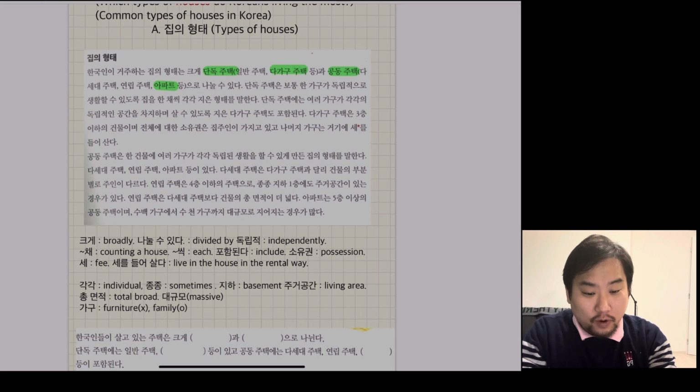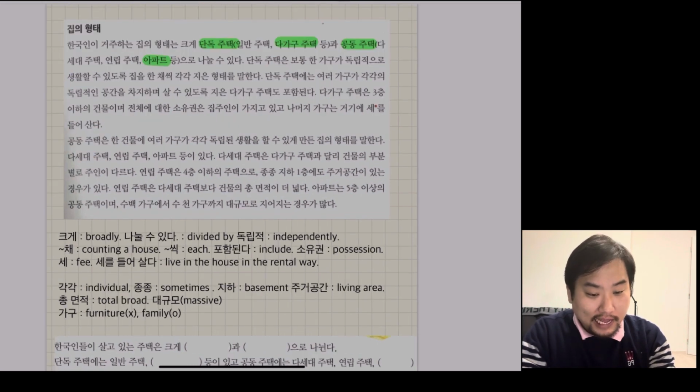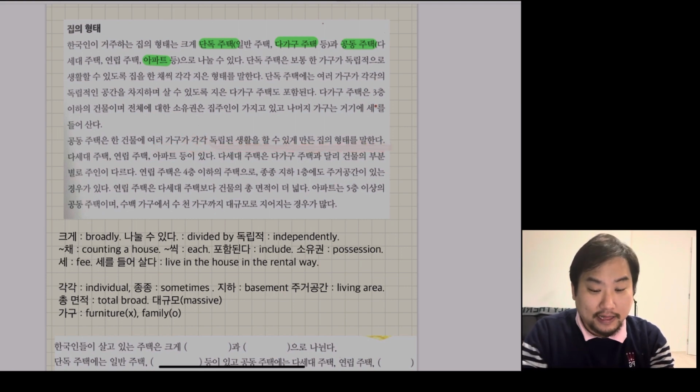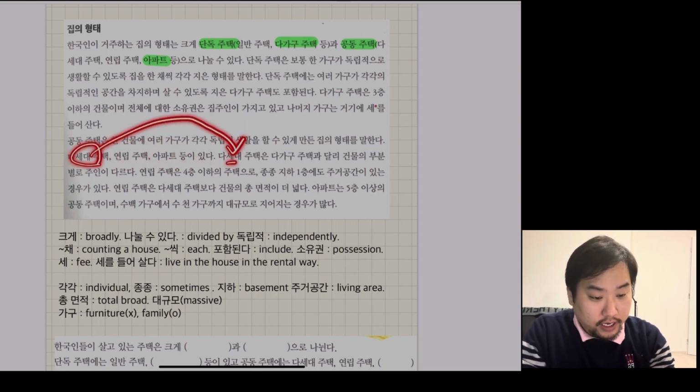And the second type, 공동주택은 한 건물에, in a single building, 여러 가구, many families, multiple families, 각각 독립된 생활을 할 수 있게 만들어진 집의 형태를 말한다. So the examples are 다세대 주택, 연립 주택, apartment 등이 있다. So the first thing, 다세대 주택은 다가구 주택과 달리 건물의 부분별로 주인이 다르다.